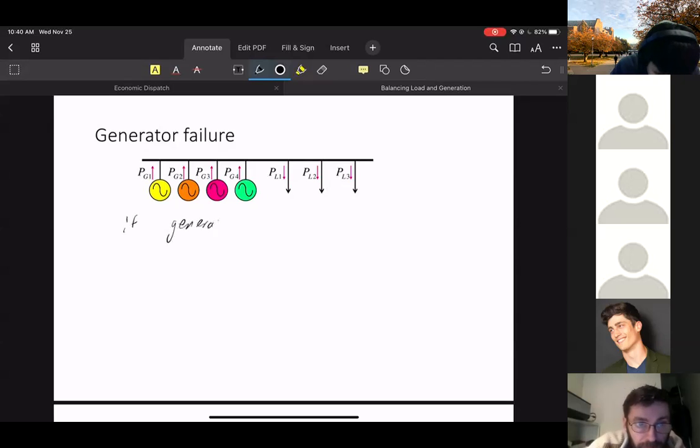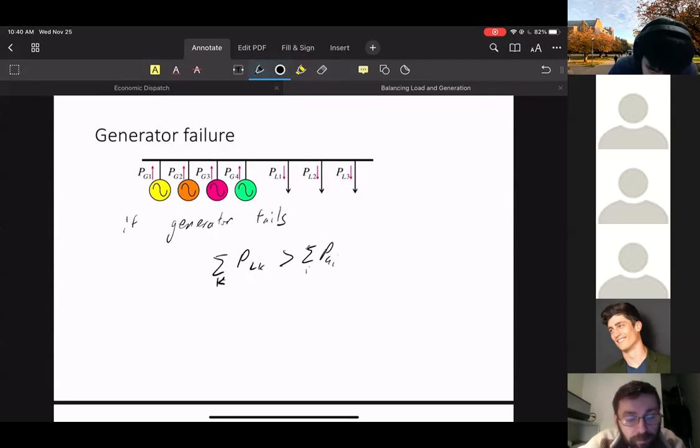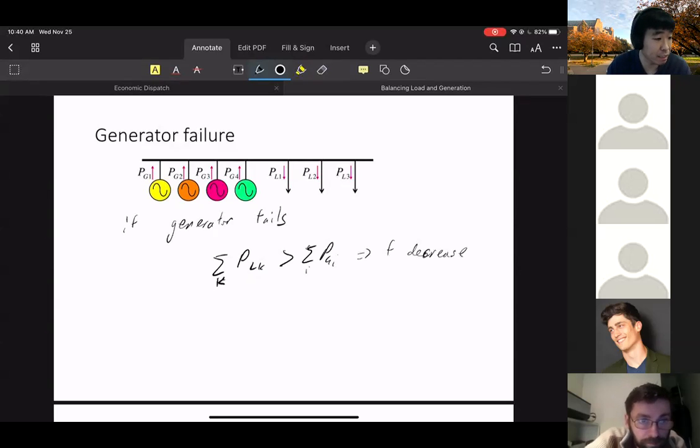If a generator fails, then of course the load will be bigger than the generation, and f will decrease. This is normally a big decrease in f.